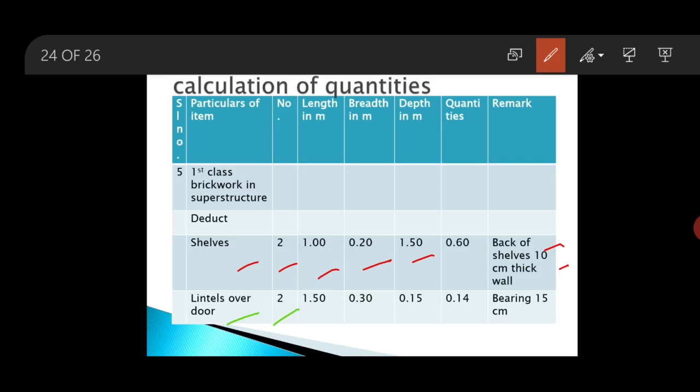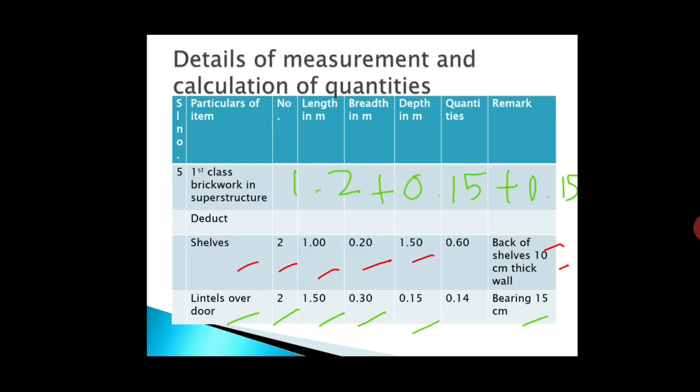So, what is the length? It is 1.5. So, opening length is 1.2 plus bearing on both sides. Okay. In the remark column, simply write down bearing 15 centimeter. Then breadth is 0.3, that is breadth of the brickwork in superstructure. Thickness is 0.15. Okay. So, lintel of door part is over.